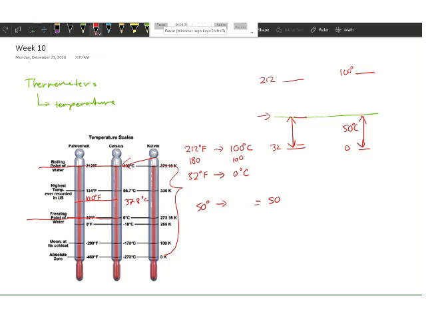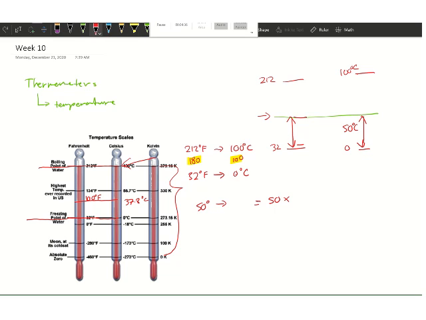The gap will reference to this degree Celsius, which is 50. To know that gap, we just need to use the ratio between these two.